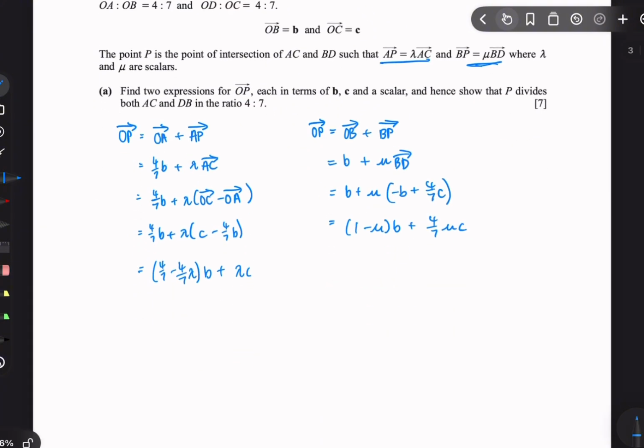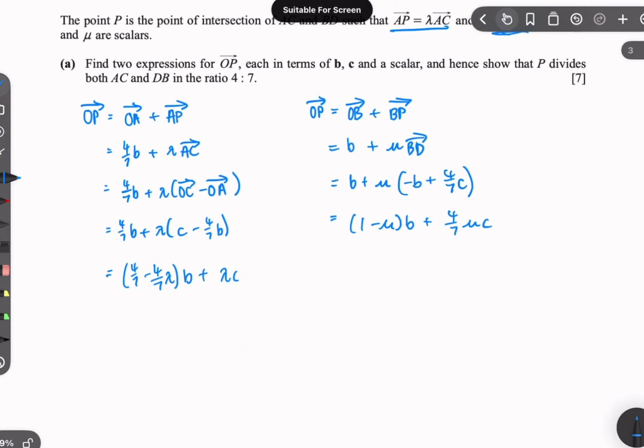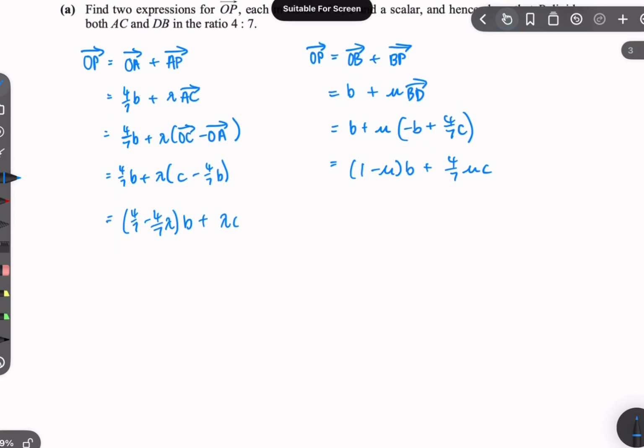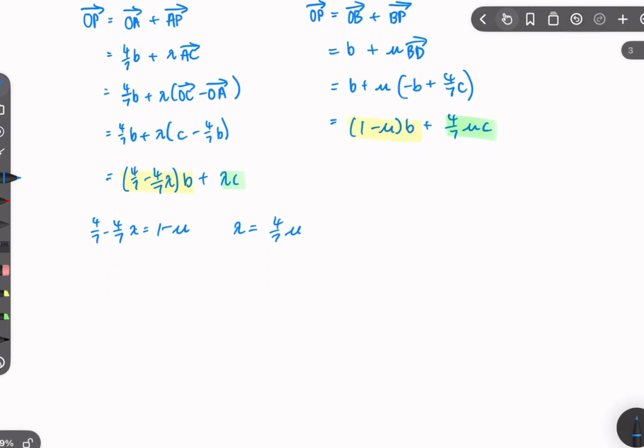Okay, now that we have two OP equations, we can equate them to find the unknowns. We can equate this part to this part, and this part to this part. Okay, so I just cancel out the B and C for each of them. And then, yep.